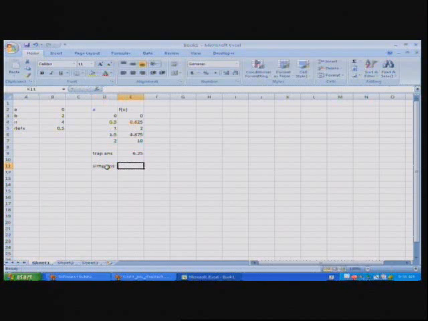Okay. Now, to do Simpson's rule, we do delta x over 3.